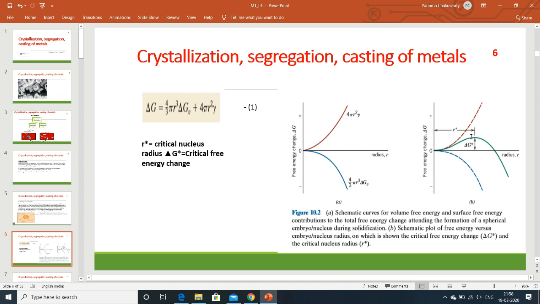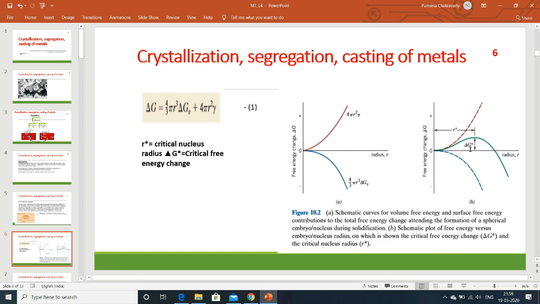If the cluster of the solid reaches a certain size, designated by this radius, then it decreases. After a certain size it is decreasing, and this maximum radius is r star, which is your critical radius, and the maximum free energy is del G star, which is the critical free energy change.